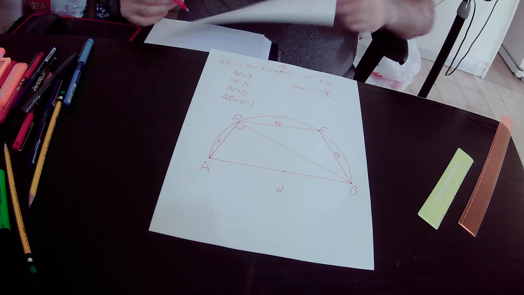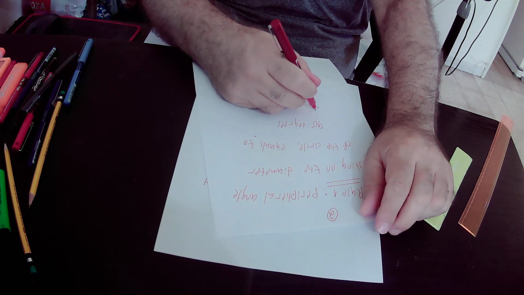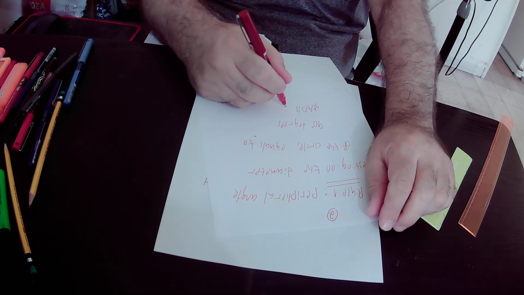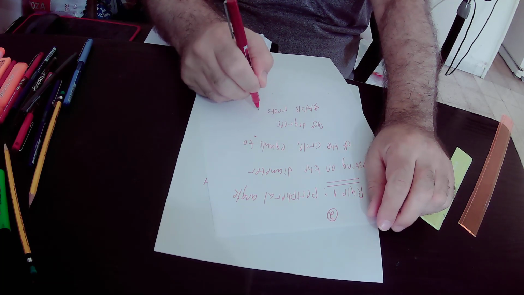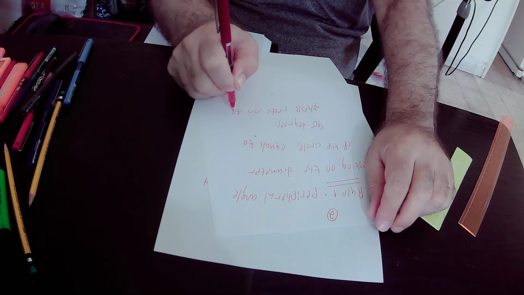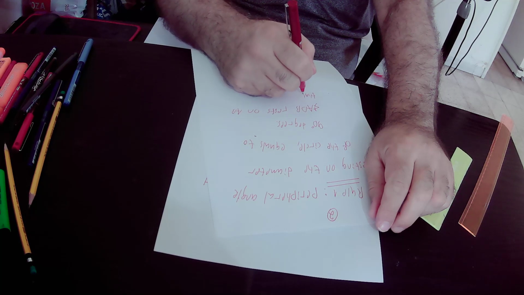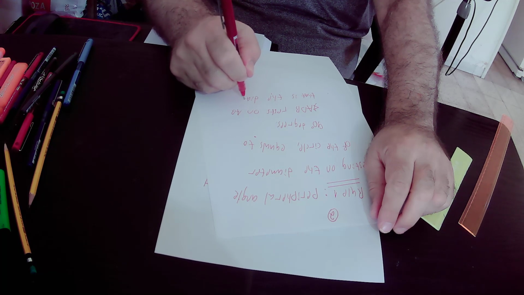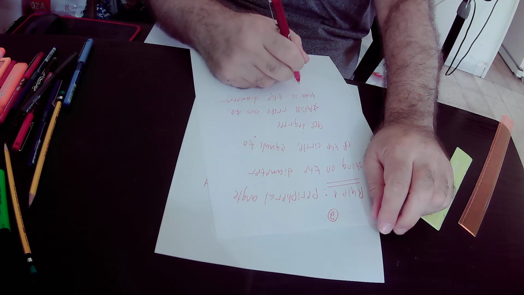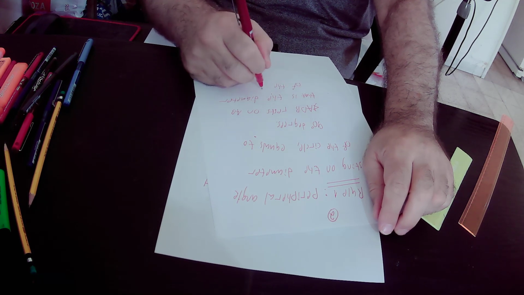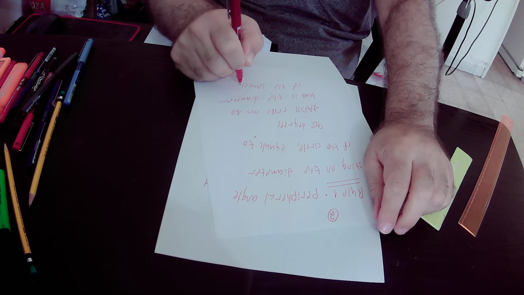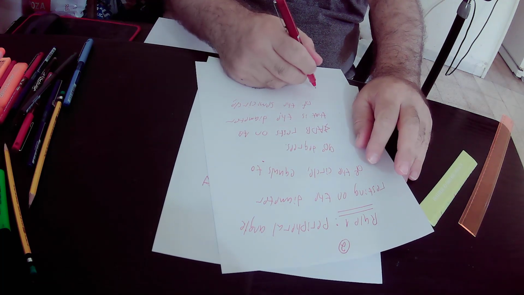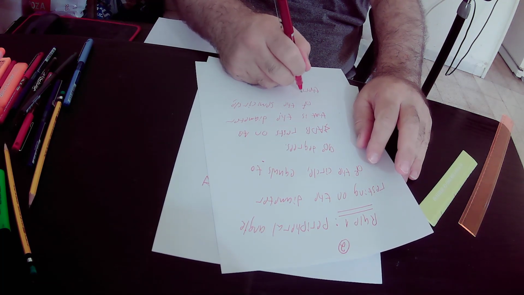Okay, so angle ADB rests on AB, that is the diameter of the semicircle, therefore it equals 90 degrees according to rule number 1.